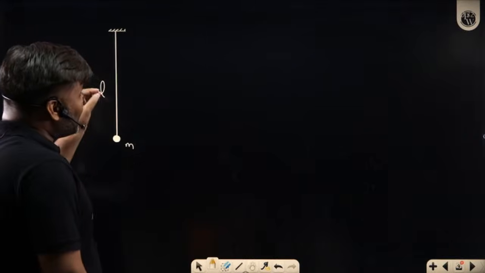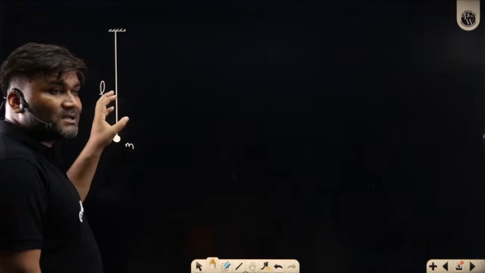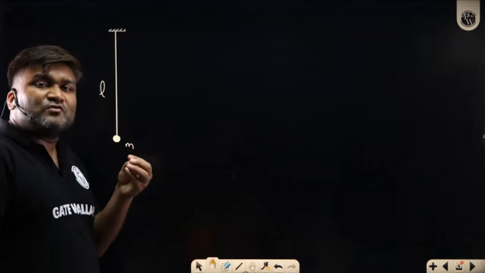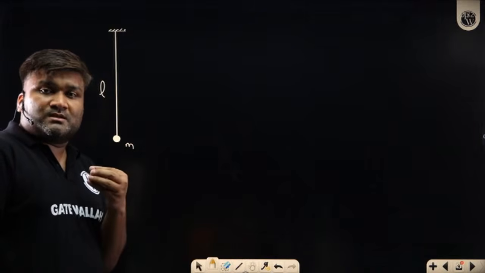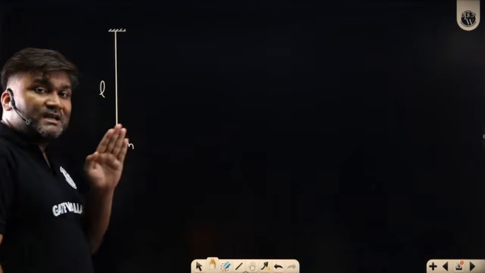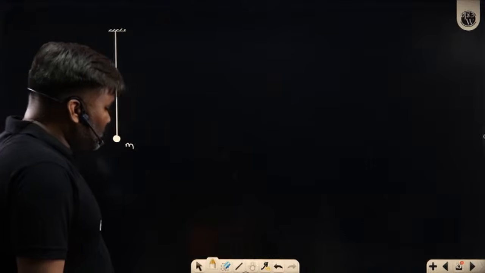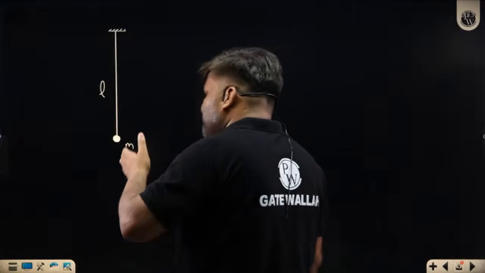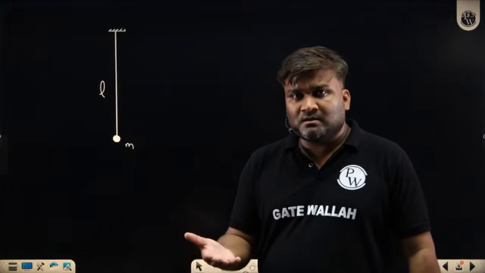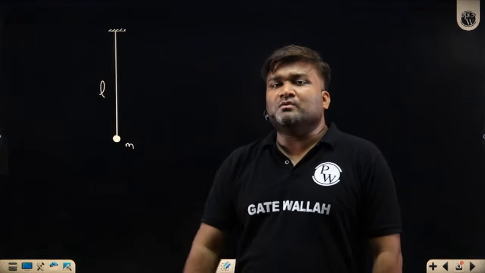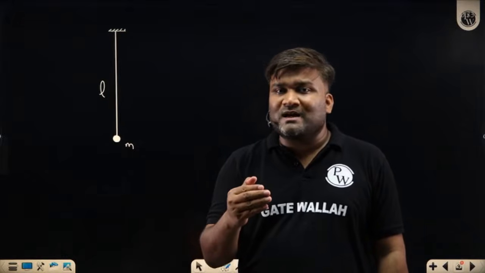Why? Because here the system doesn't have its own stiffness. Here the stiffness was coming because of the weight. It depends on the gravity. If you have the system on the earth, the weight is something different. If you take this system to the moon, the weight is something different because the value of gravity is changing.